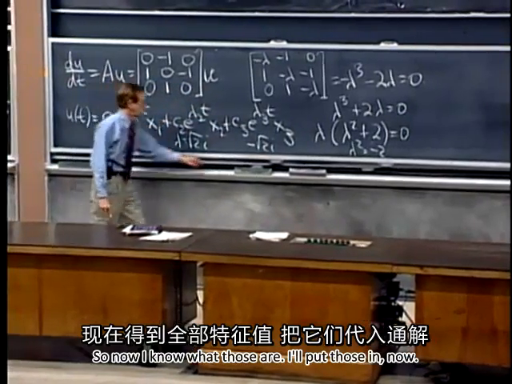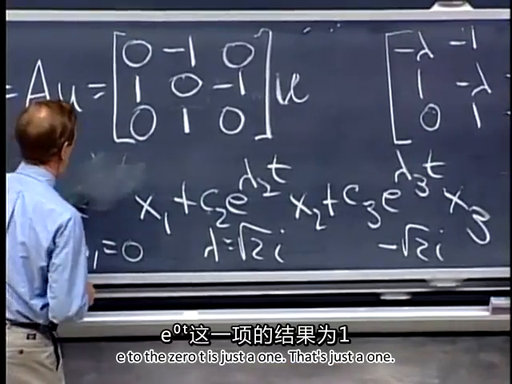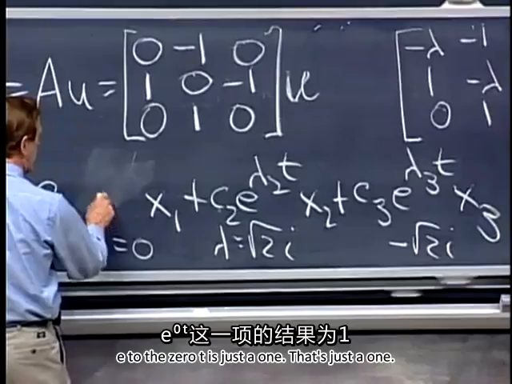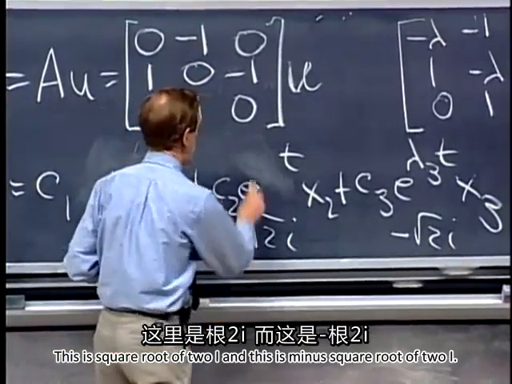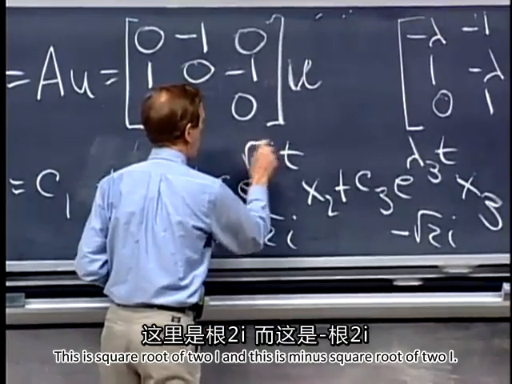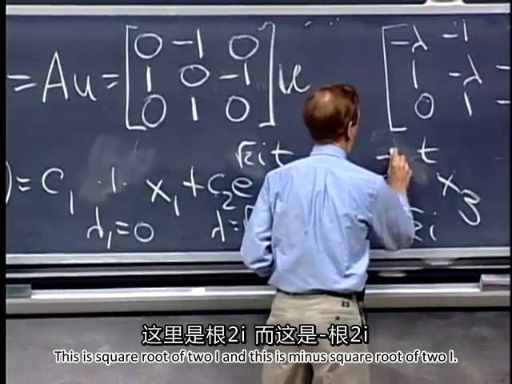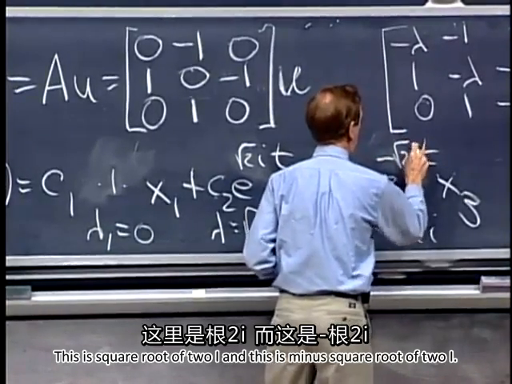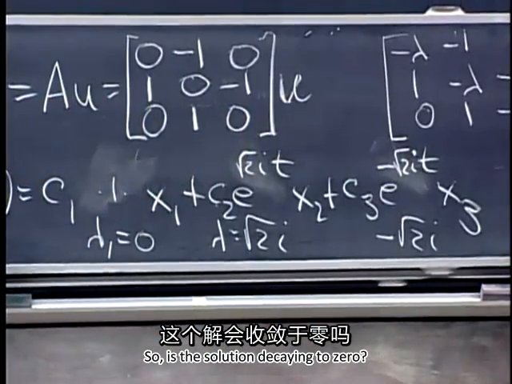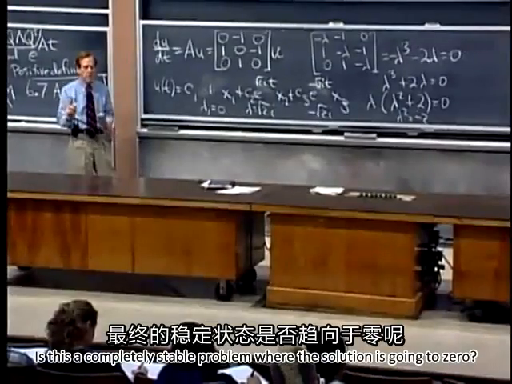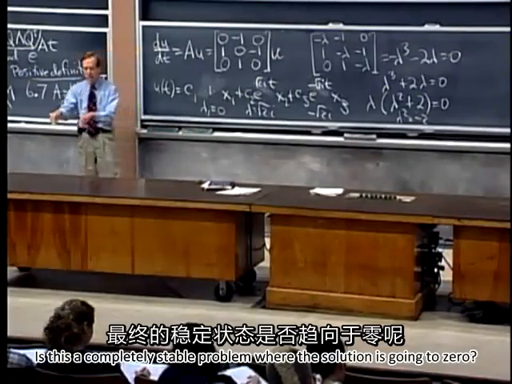So now I know what those are, I'll put those in now. e to the 0t is just a 1. This is square root of 2 i, and this is minus square root of 2 i. So, is the solution decaying to 0? Is this a completely stable problem where the solution is going to 0?